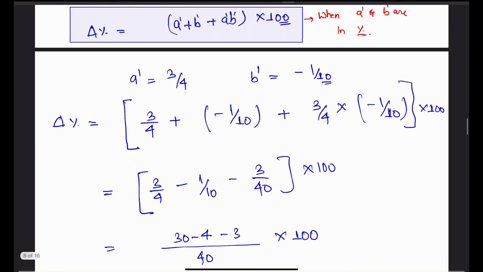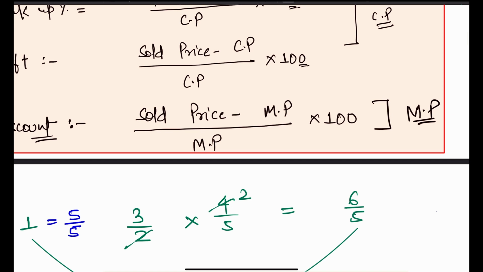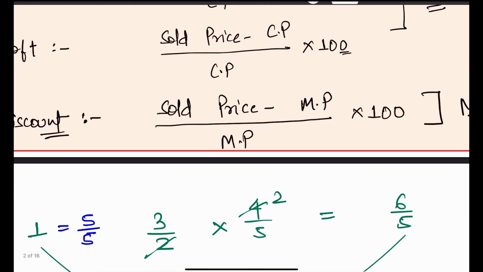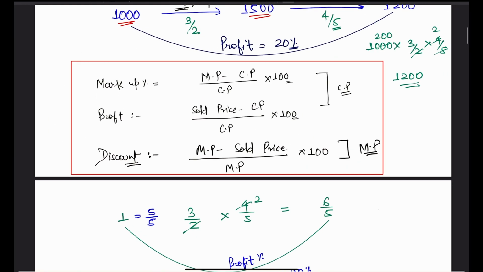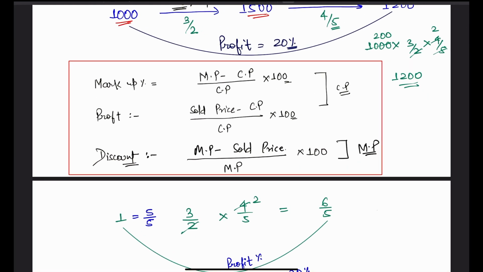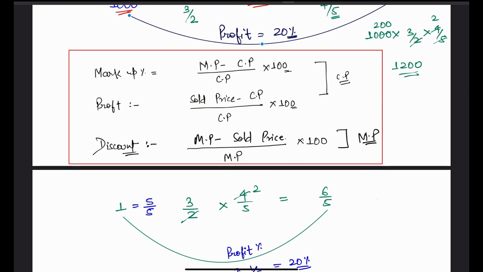See, it's good that I revise, otherwise I would have just remembered the mistaken formula. Market price minus sold price. Okay, the color won't come. It's fine. Shall I just remove it?